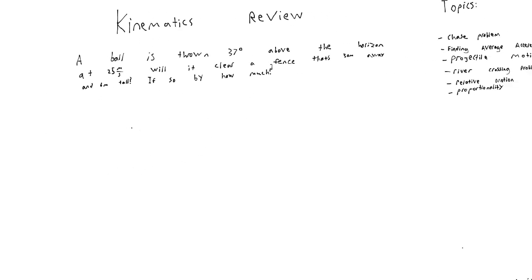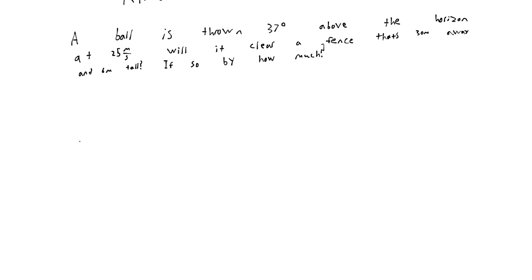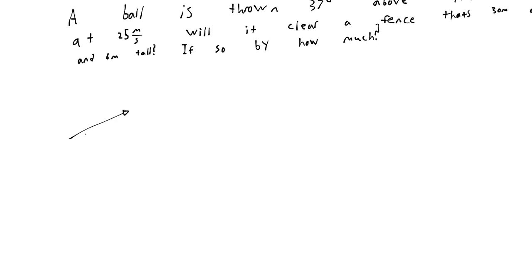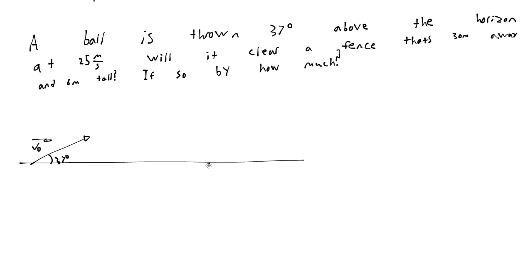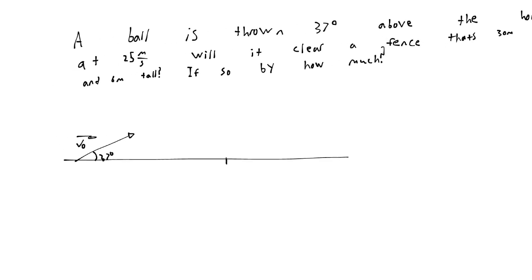So I'm just going to do a quick little drawing here. The ball is thrown, it's going to make something like this. Actually, let me draw that better. This is V naught right here, at 37 degrees. And then 30 meters away from it there's a fence that is 6 meters tall.